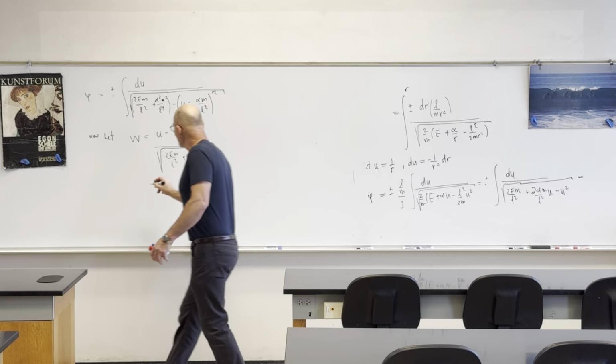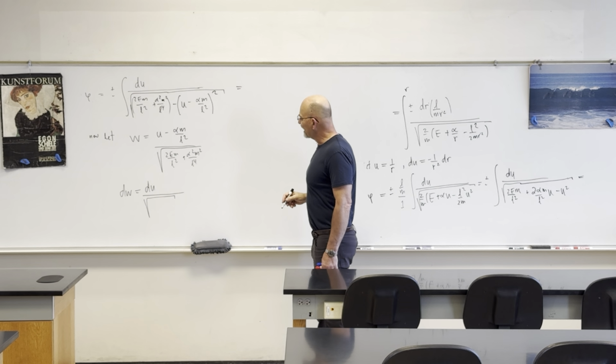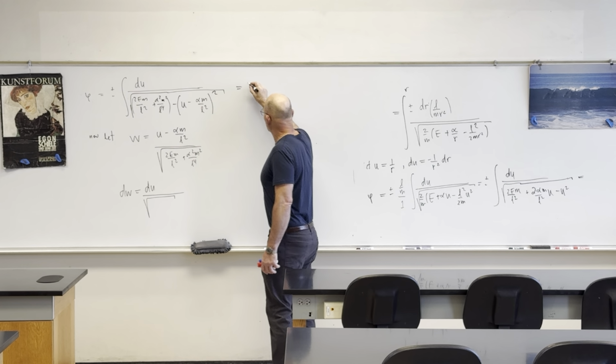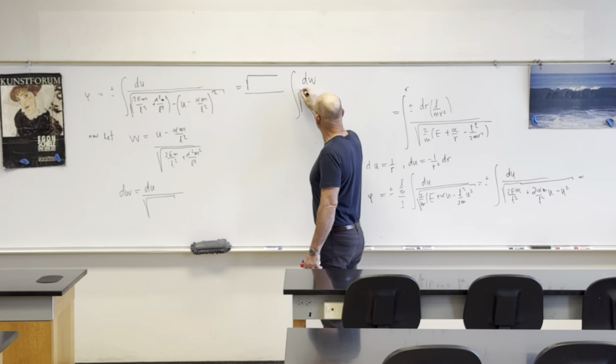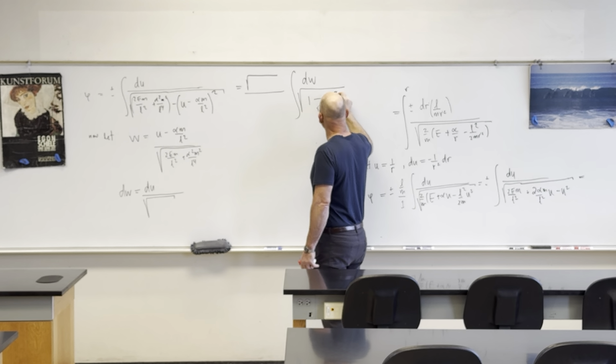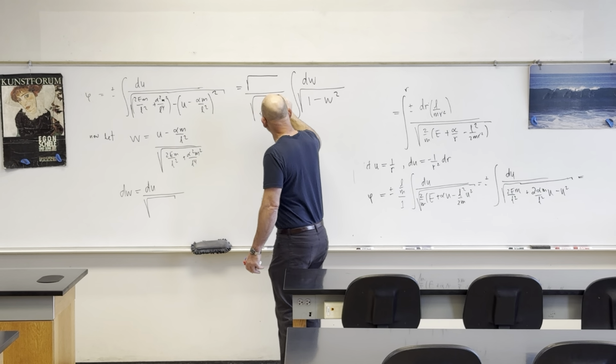Because dW is du divided by this whole thing here. And when we make that substitution, we're going to get this square root in the numerator, integral dW over 1 minus W squared, and the same thing in the denominator.